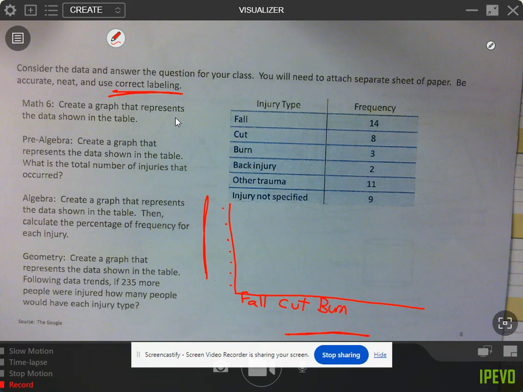Labels are important. Any questions on that? So you will get it turned back to you to fix up if you do not put your labels, you don't have your numbers, if you don't have what the different injuries are, and your bars. I would do it as a bar graph. It's just the easiest way.